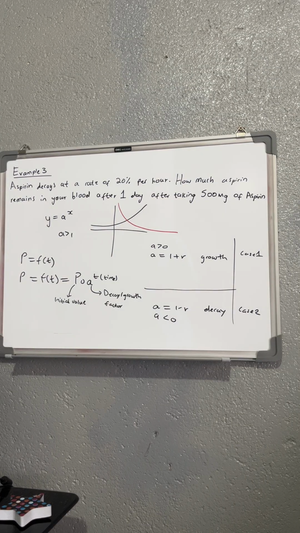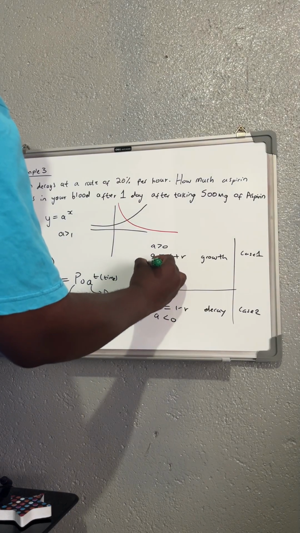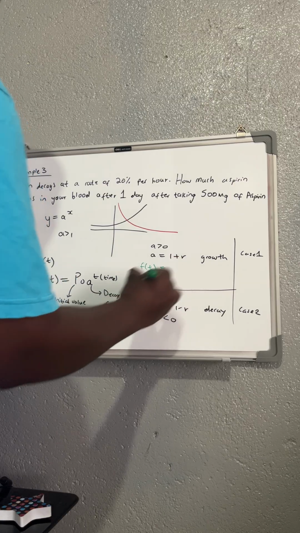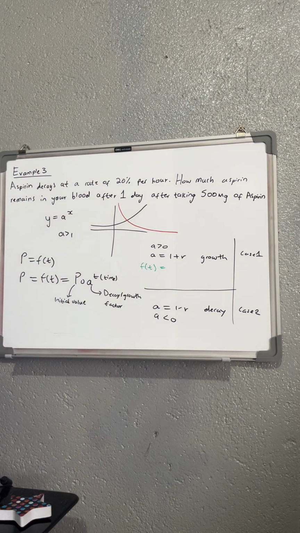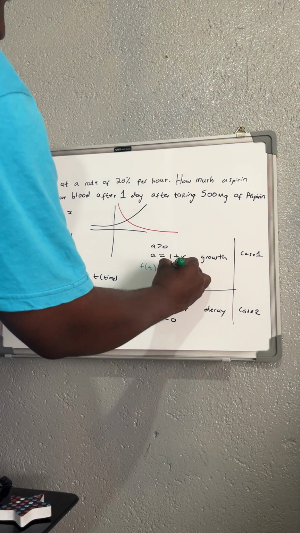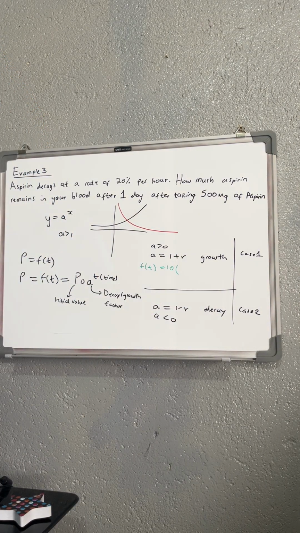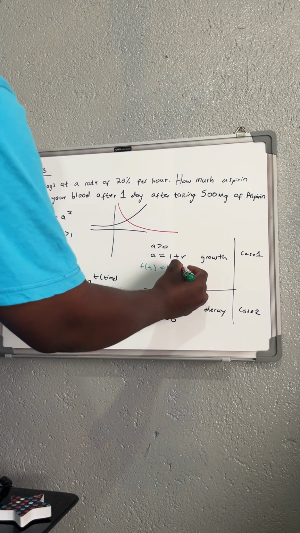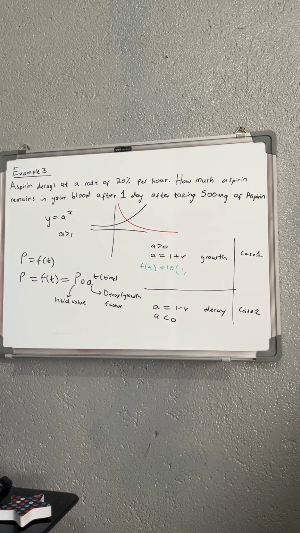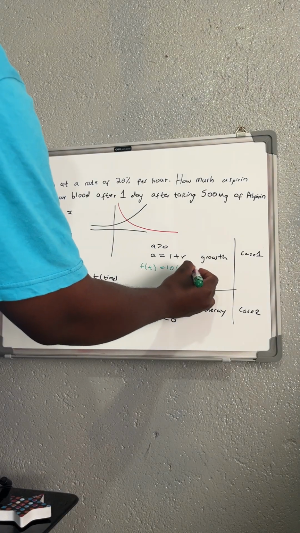So suppose I'm given 2 functions in case 1 and case 2, I want you to notice something important that they also like to ask. We have f of t, then we can come up with any initial value. So let's say we have 10. Then internally we have 1.82.